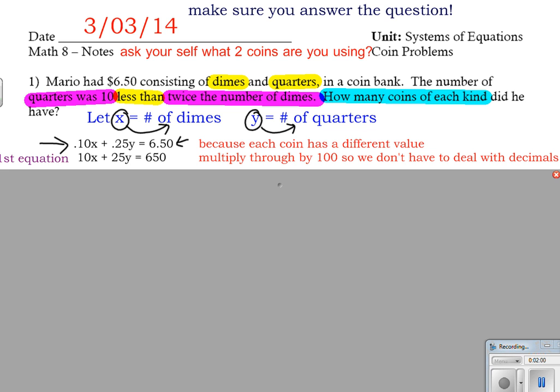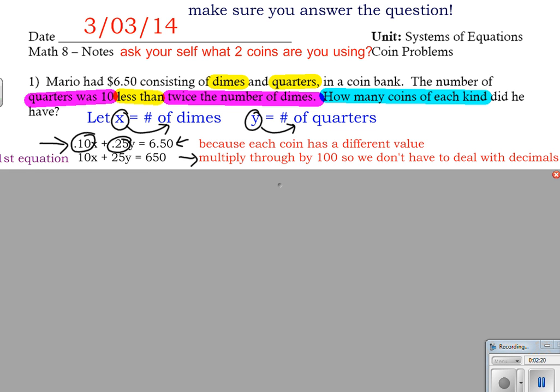So I represent my first equation for value, and because each coin has a different value, I have to put those values in there, 0.10 being dimes and 0.25 being quarters.